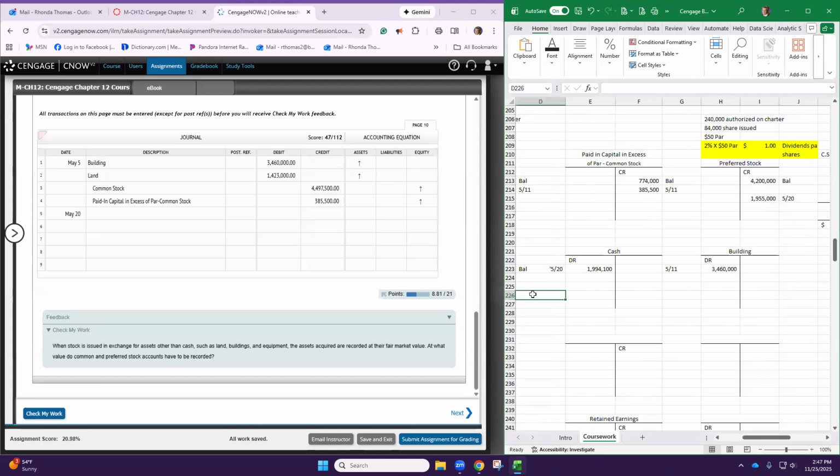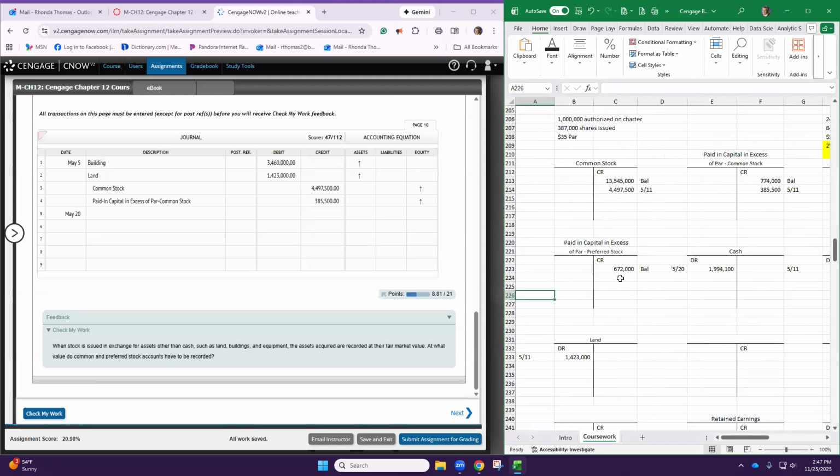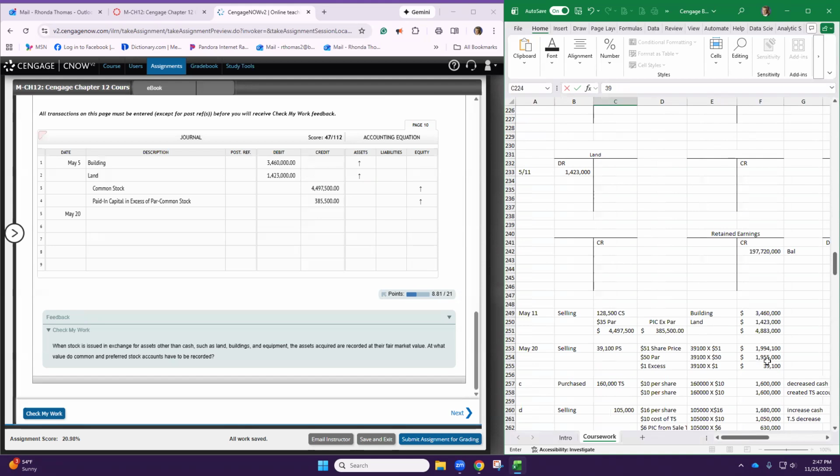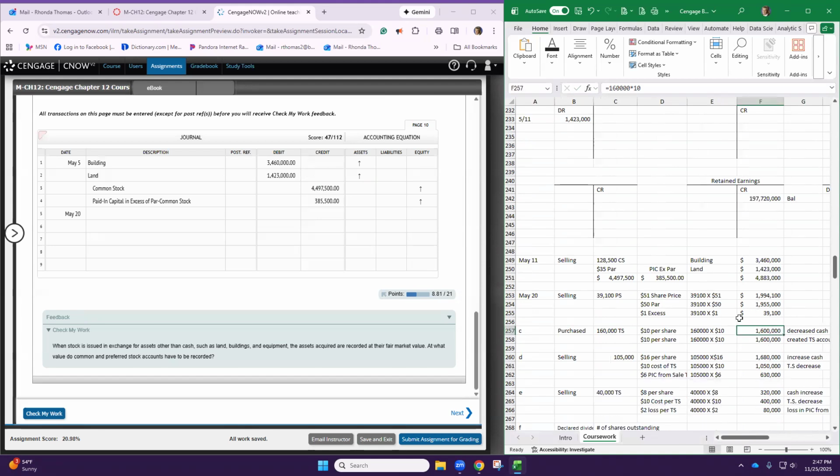And then the paid in capital in excess of par is right here. So the extra is the 39,100, yes. And by the way, just so that I can check it, if I add up these two, yes, they do add up to this right here.